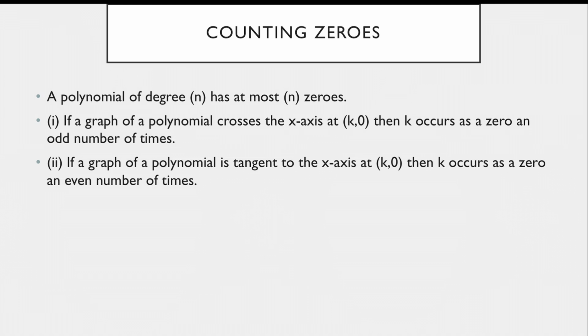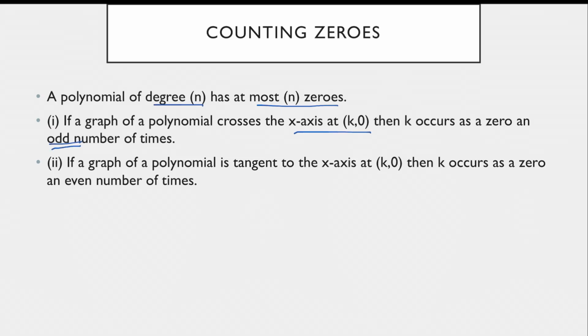Okay, let's move ahead. It says that a polynomial of degree n has at most n zeros. If a graph of a polynomial crosses the x-axis at (k, 0), k is just any real number, then k occurs as a zero an odd number of times.